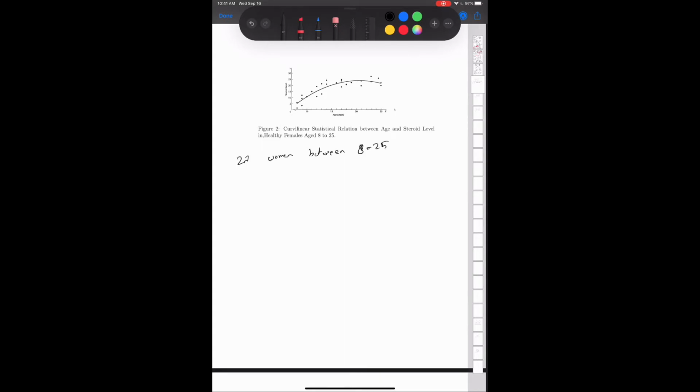I look at their blood and measure their steroid levels, and I plot them. Forget the solid line for a second, but the dots represent the scatter plot.